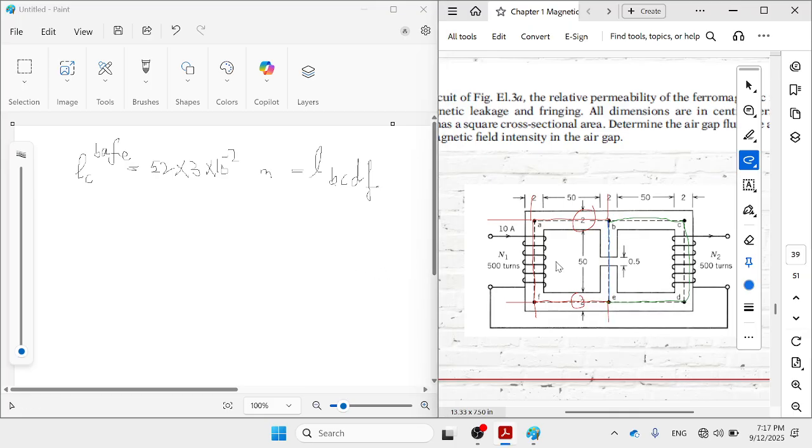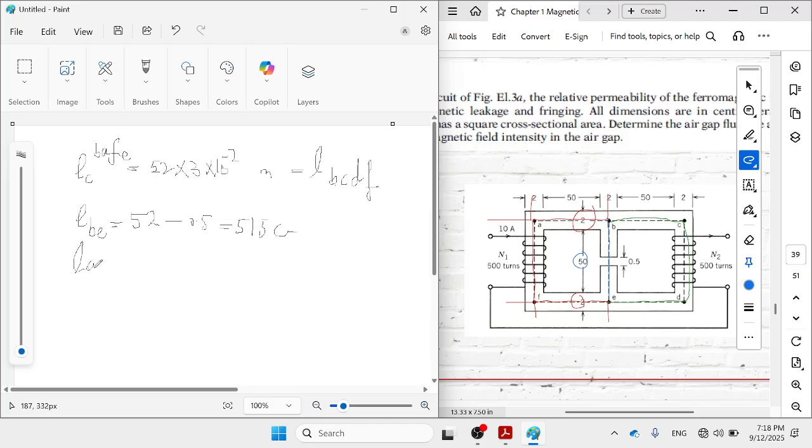The last part of the core we have to analyze is from B to E. B to E is only 52, up to 50 right here, 1, 1, 52. So the length of B to E is equal to 52 centimeter minus the air gap, which is 0.5. So the total is 51.5 centimeter.